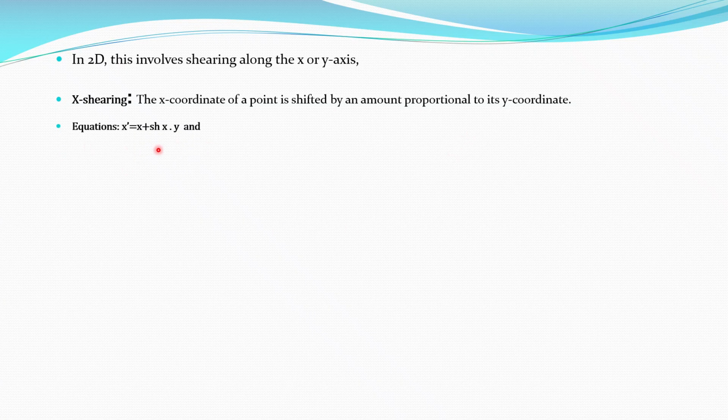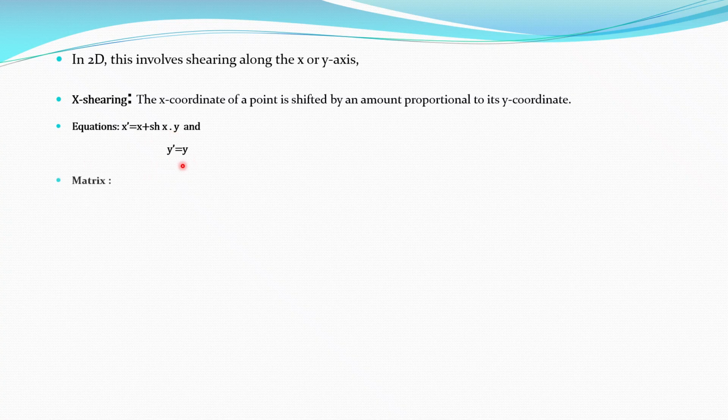The equation is x dash equals x plus shear of x multiplied by y, and y dash equals y. So if we shear on the x-axis, the change is done in the x coordinate only, and the y coordinate remains the same.